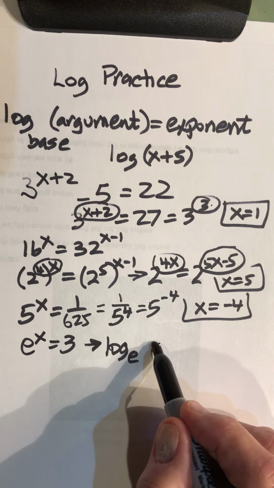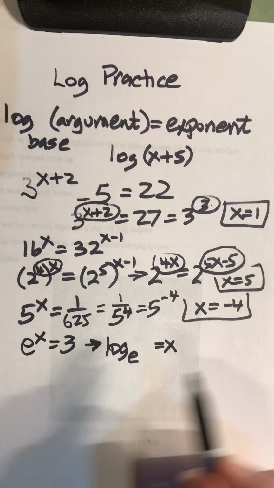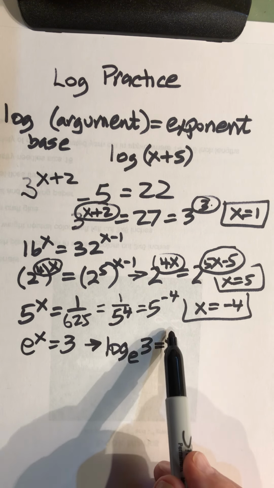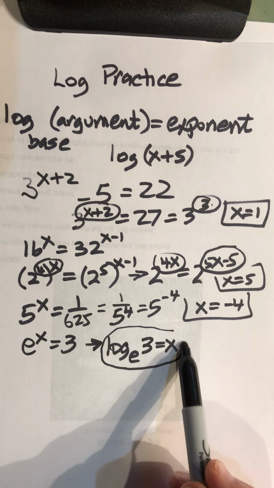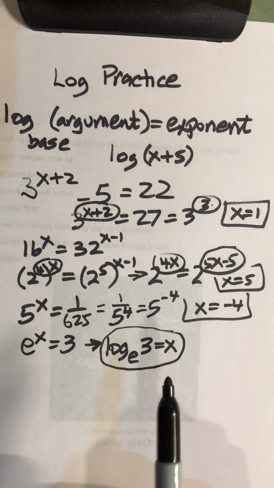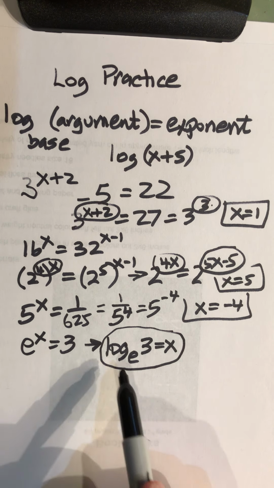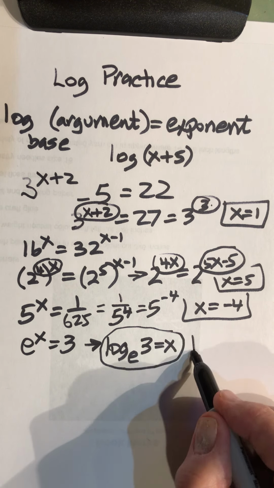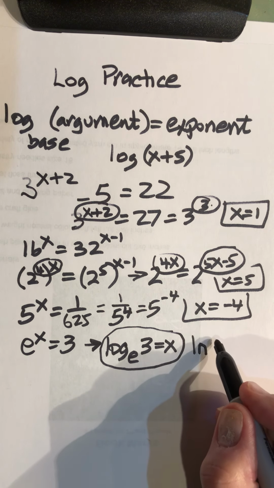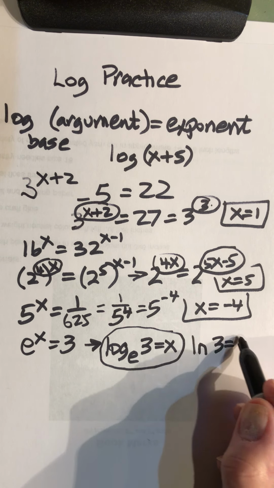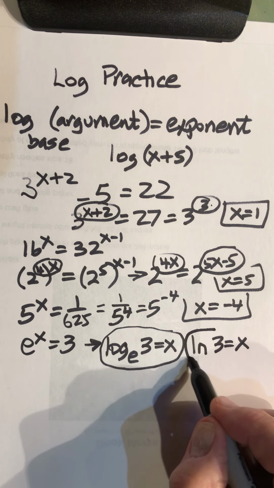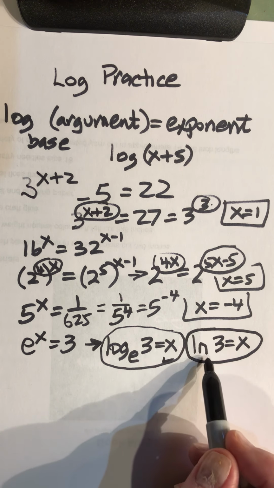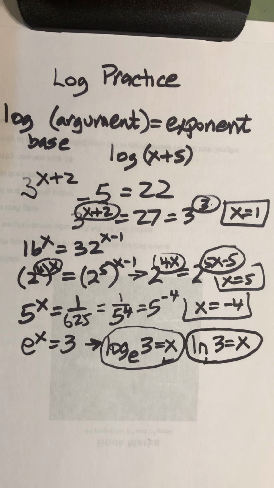The exponent is x, and the argument is the 3. Well, wait a minute, I've just solved that for x. Do you see how that is? Now you say, aren't we supposed to write log base e a different way? And yes, this could be written natural log 3 equals x. ln, natural log. So I would accept either one of these. They both mean the same thing.